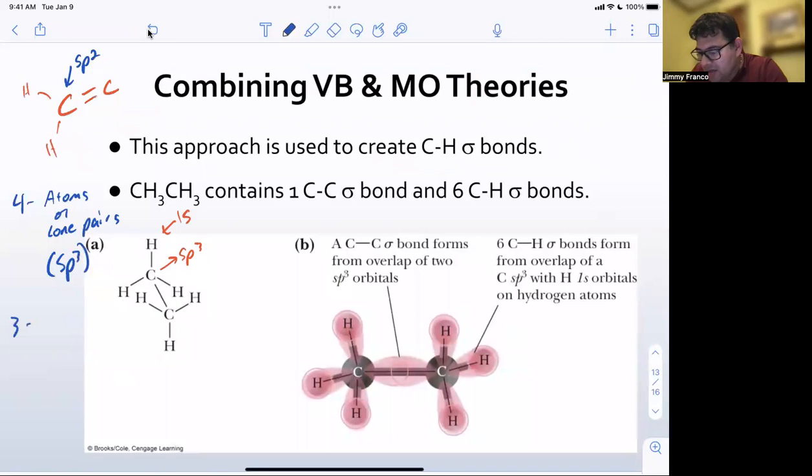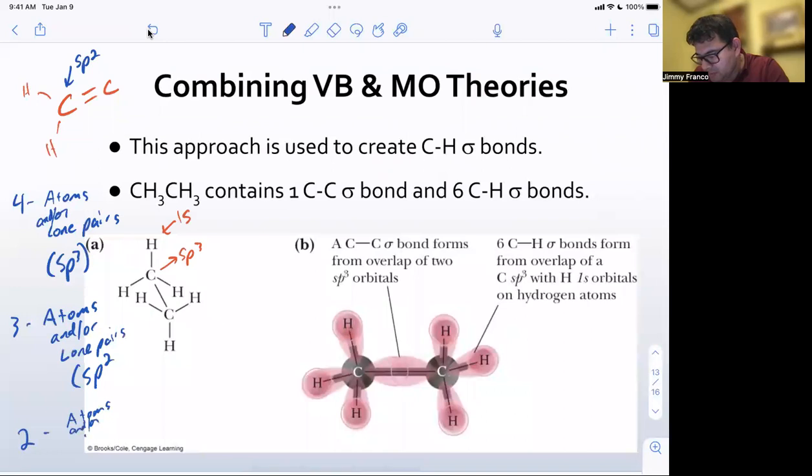If it's 3 atoms, I'm going to put and because it can be any combination, then it's going to be sp2. And if it's two atoms or lone pairs, then it's sp.